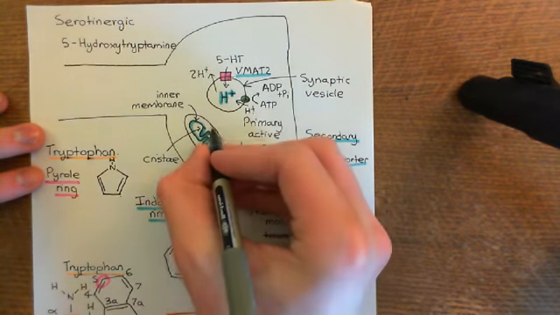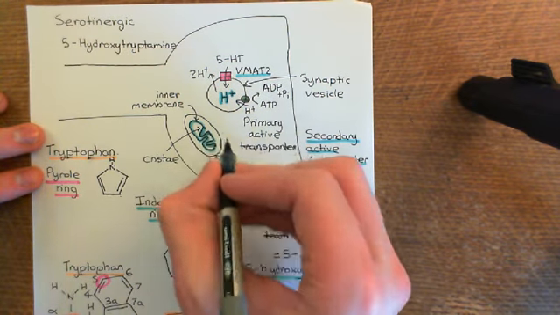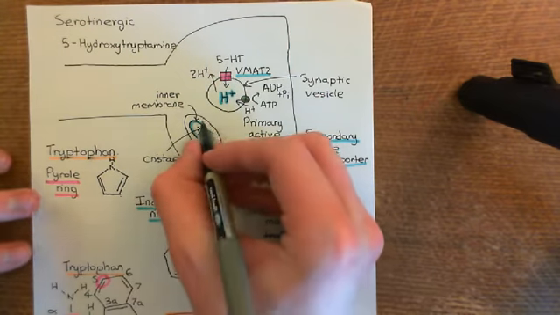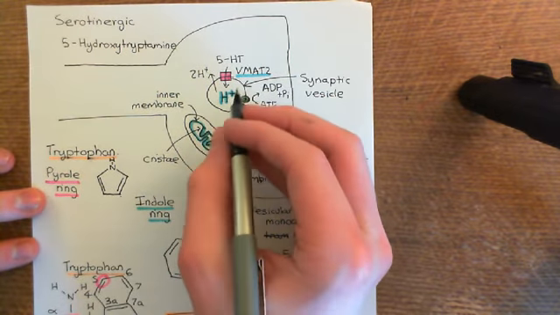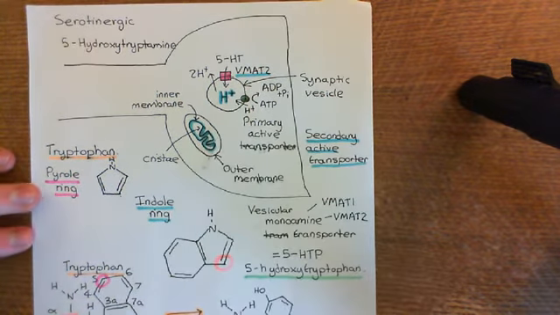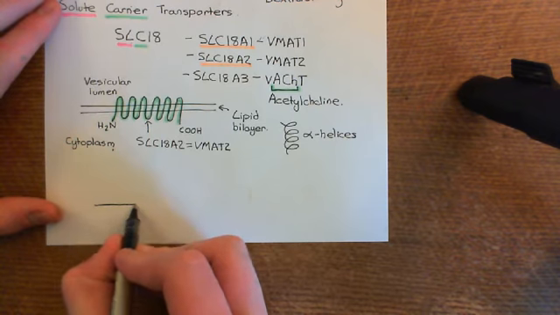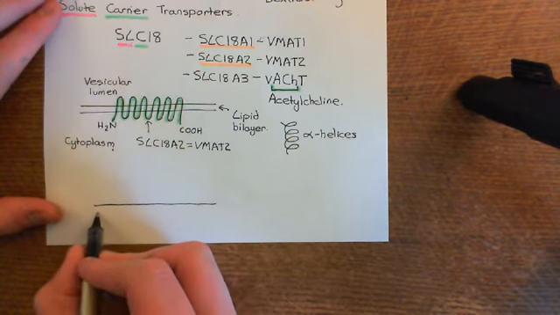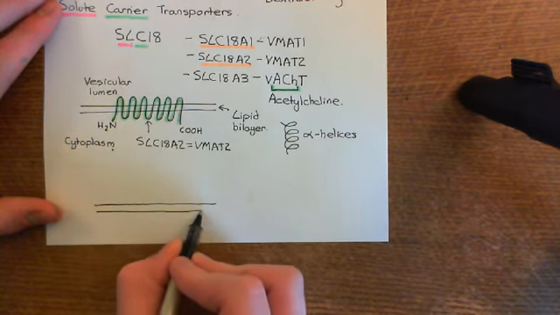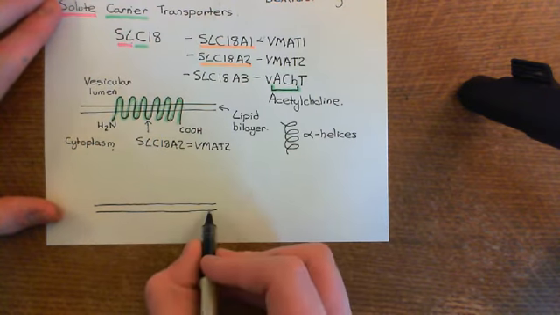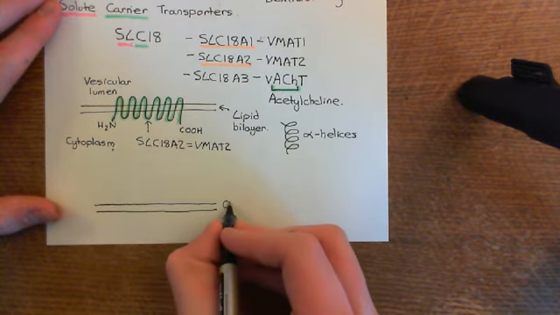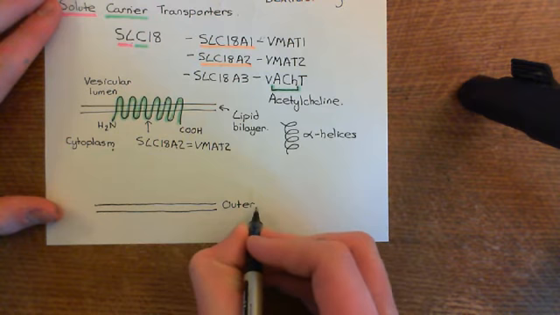Now, there are enzymes that are attached to the outer mitochondrial membrane, okay, and these enzymes are capable of breaking down 5-hydroxytryptamine. So let me draw this on the other side. Okay, we actually haven't got that much more room here, but we have a little bit more room. So let's say that these 2 lines here represent the 2 layers of the lipid bilayer of the outer membrane of the mitochondrion.